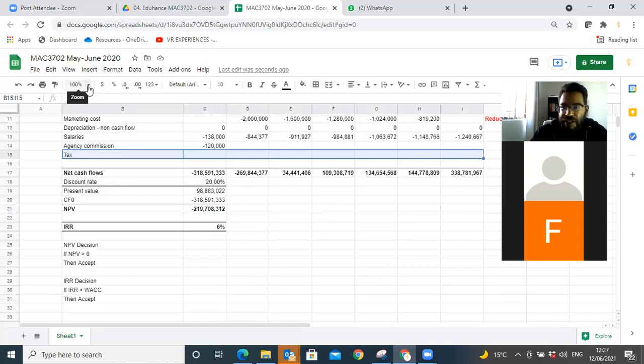I'm doing a separate sheet because I want you to download this and do your own tax calculation. Start from scratch, and then include the tax. When you submit it tomorrow, I will share the tax component with you.